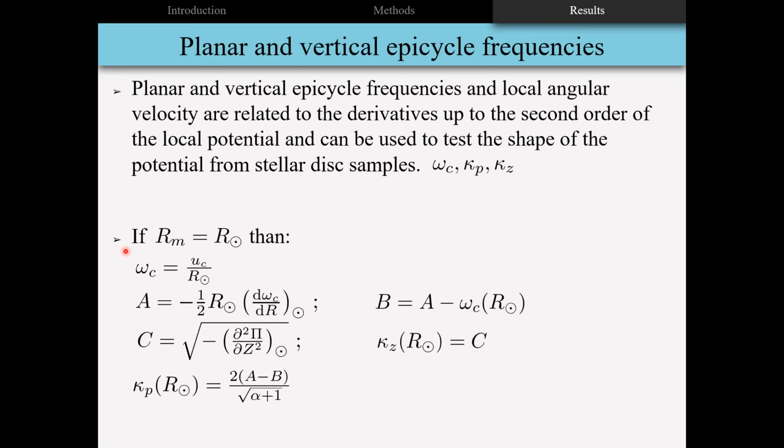And if we are investigating the stars in the solar neighborhood, and we separate only the disk stars from that sample, then we can use this, and we can get these equations for the Oort constants and planar and vertical epicycle frequencies.